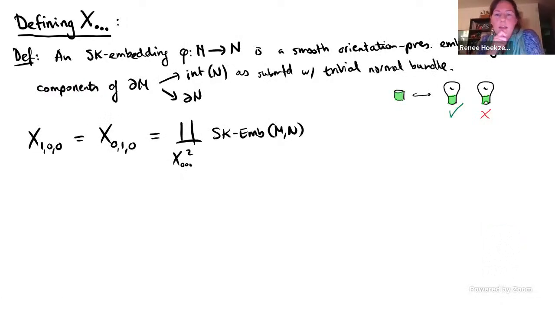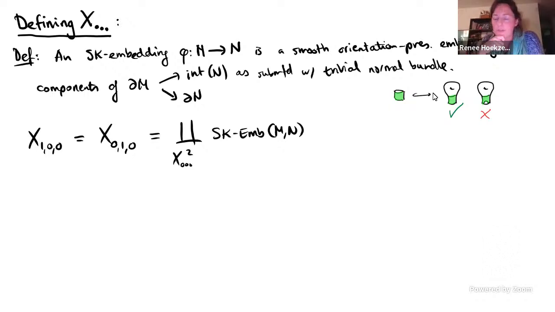Okay. So let's define the one simplicial directions. I defined already before an SK embedding phi from manifold M to N to be a smooth orientation preserving embedding, such that the components of the boundary of the domain, so the boundary of M, either go entirely to the interior of N as a submanifold of trivial normal bundle, or they go entirely to a boundary component of N. I call these SK embeddings.